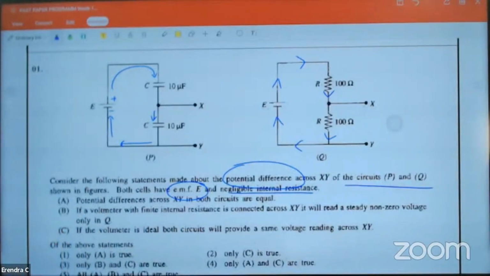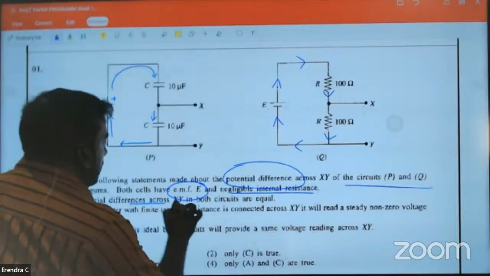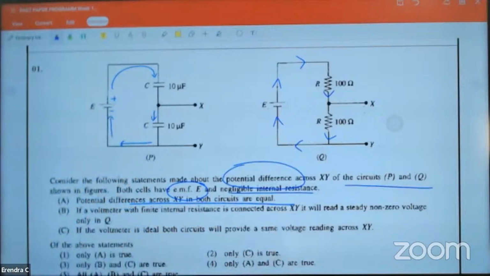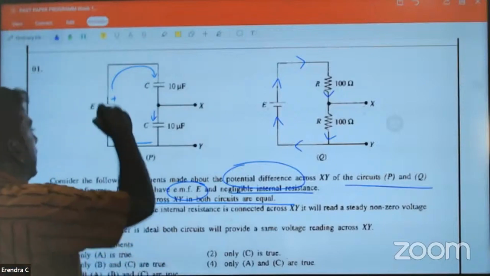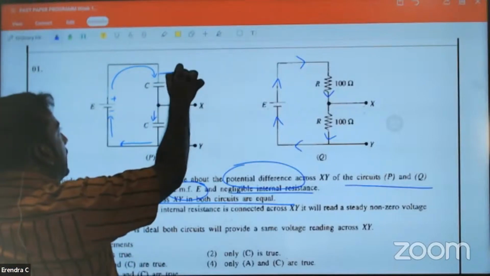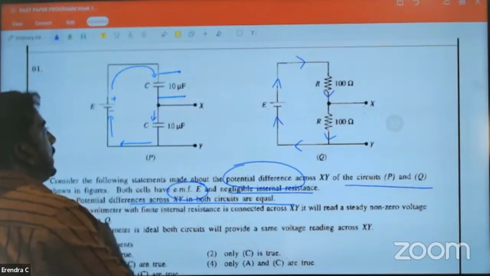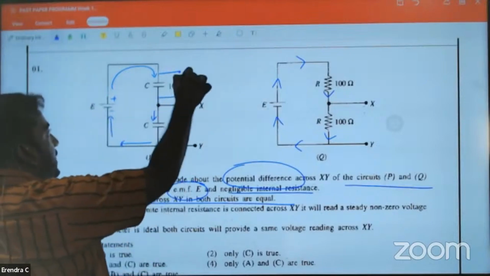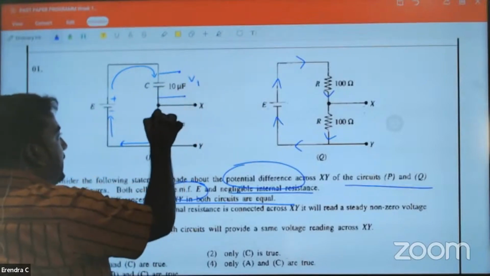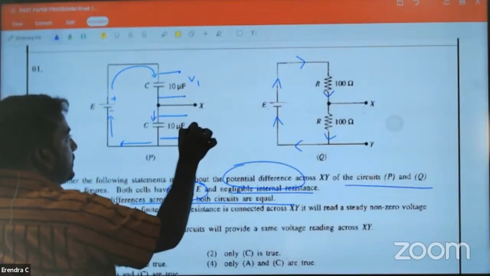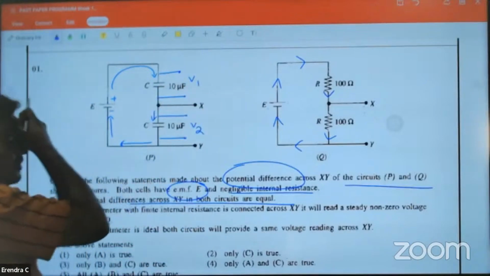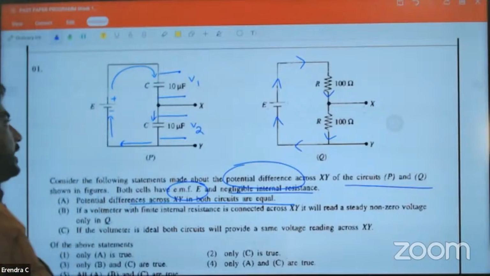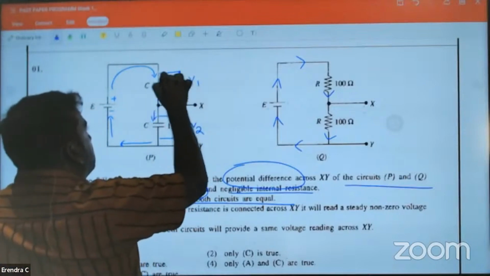Now look at this. They are asking whether the potential difference in both circuits is equal. Are they equal? Let's see. Here, this energy is divided among that and divided among this. V1, V2, same charge.